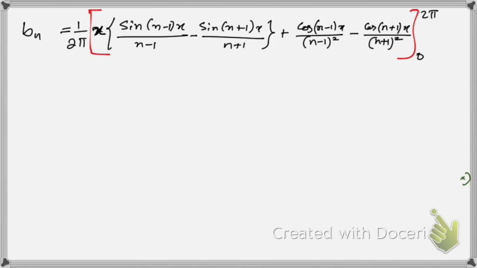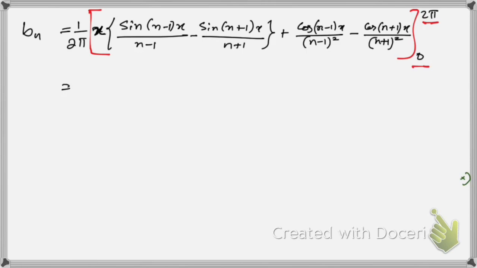Now here you see, if you simplify this, the terms containing sine at twice pi and 0 are going to be 0. Why 0, I have already explained many times. So now let us deal with this part only.